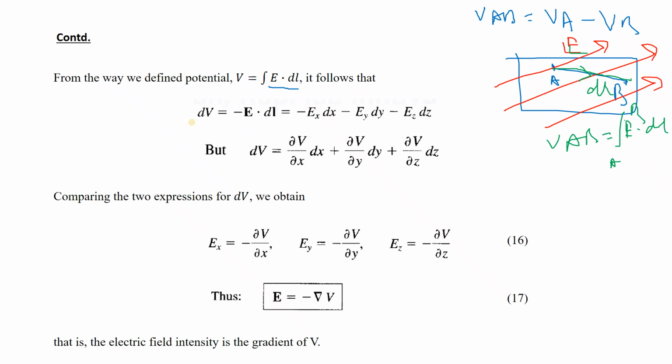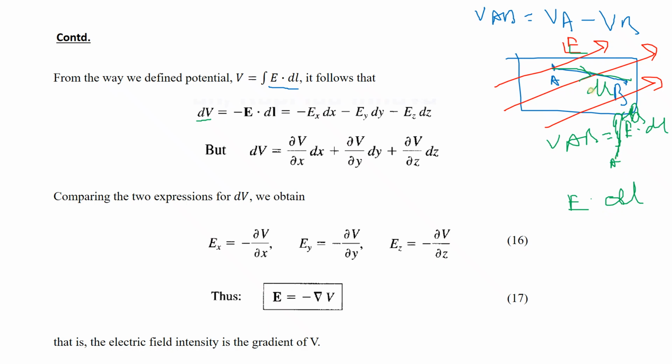Now, if we consider the displacement, or the work done, or the potential difference to be very small, then we will not use the integration sign. It will be just E dot dl, where dl is the actual length.